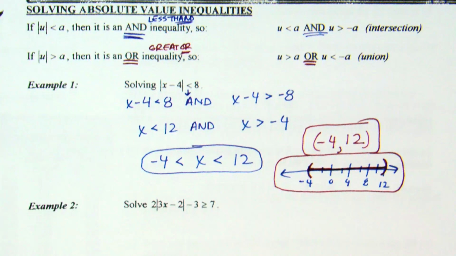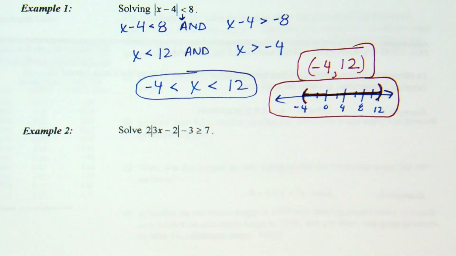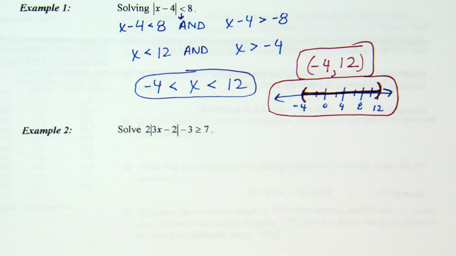Example 2. 2 times the absolute value of 3x minus 2, minus 3, greater than or equal to 7. What is step 1 here? Isolate the absolute value. Do not set up 2 right now. It won't work out well for you.